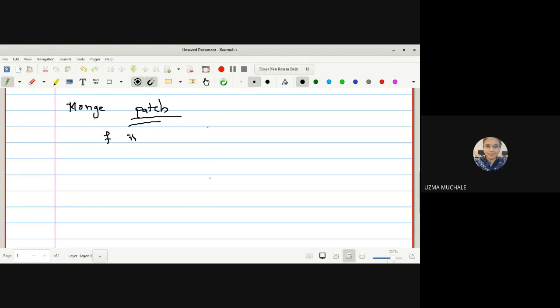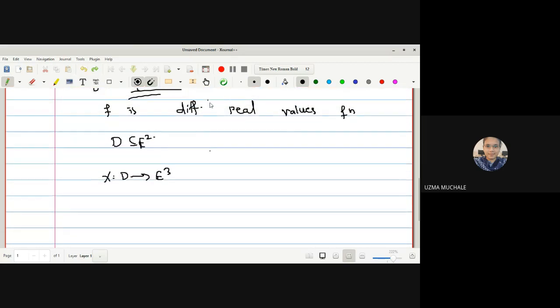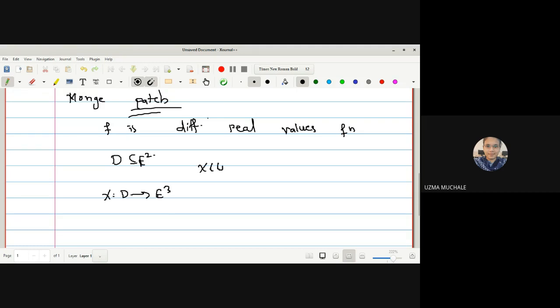Okay, given that f is a differentiable real valued function, and D is a subset of E2, then x is a mapping from D to E3 such that x of uv is equal to uv and f of uv.